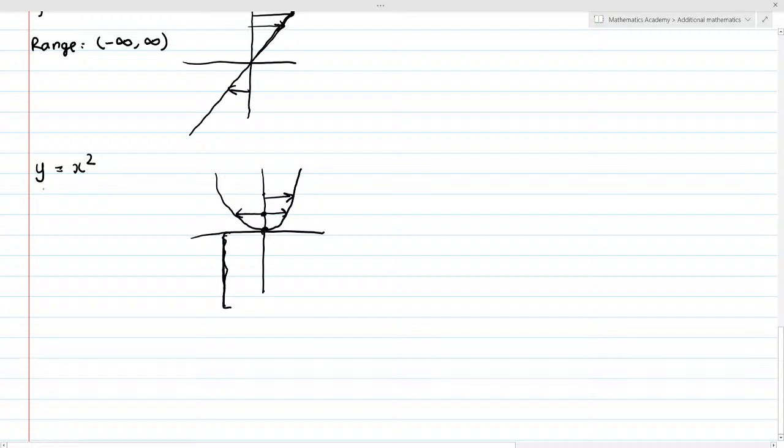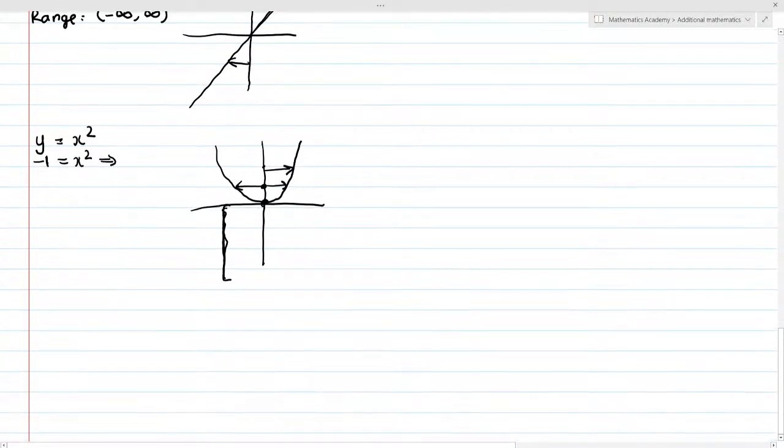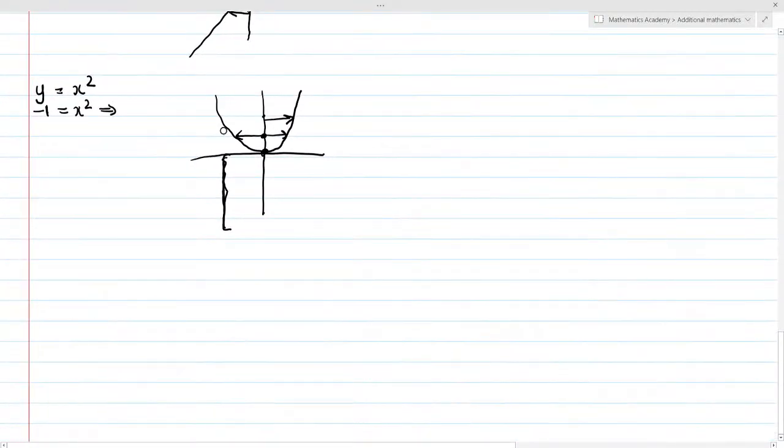But when y is negative 1, you can even try this. There's no real value of x, so no real number, decimal number, which gives you negative 1 when you square it, and so there's no value of x on this curve such that the y coordinate is -1. And so all of the negative numbers, including, by the way, negative 1/2, negative 0.001, and so on, do not fall in the range of this function y equals x squared.